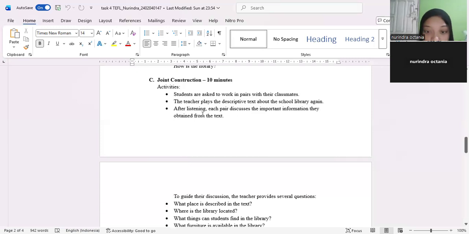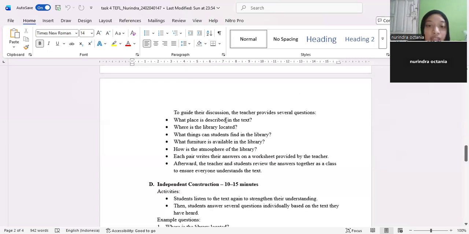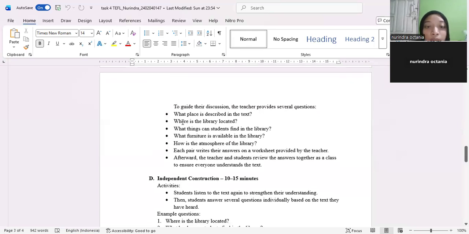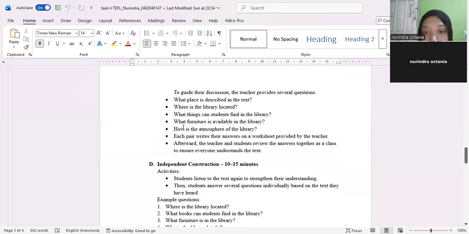To guide their discussions, the teacher provides several questions, such as, what place is described in the text? Where is the library located? What things can students find in the library? What furniture is available in the library? How is the atmosphere of the library?